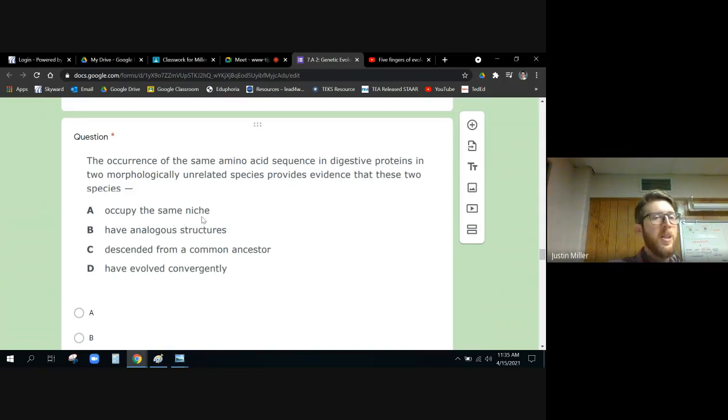That they occupy the same niche? That they have analogous structures? That they descended from a common ancestor? Yes. Once again, like I said, spoiler alert, the answers to all these questions are basically finding out who you're related to, how closely related you are, where you are in the family tree.